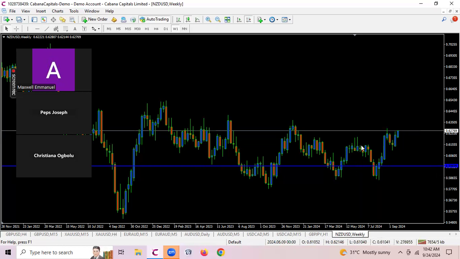That point is a kind of resistance that has been broken. You mean this high? Yes, that zone, that area is the resistance that has been broken.